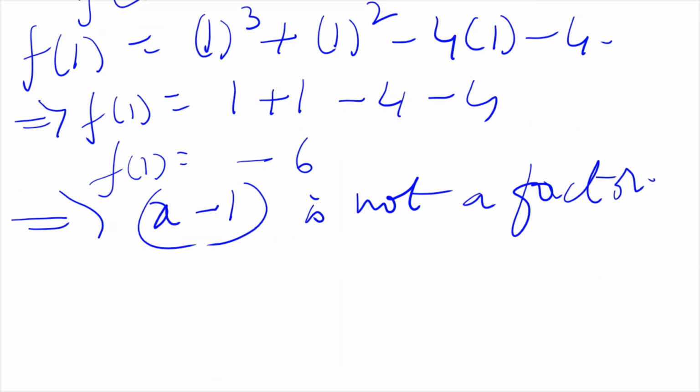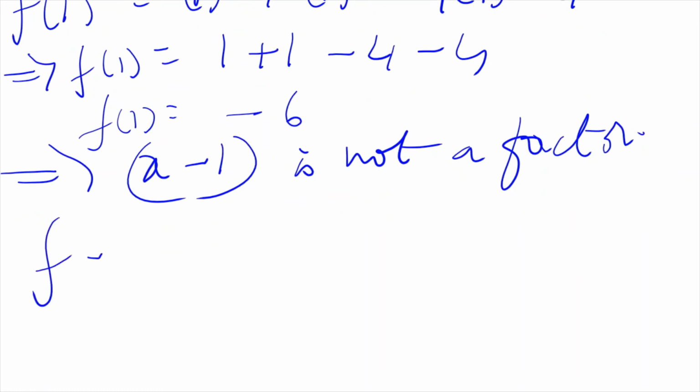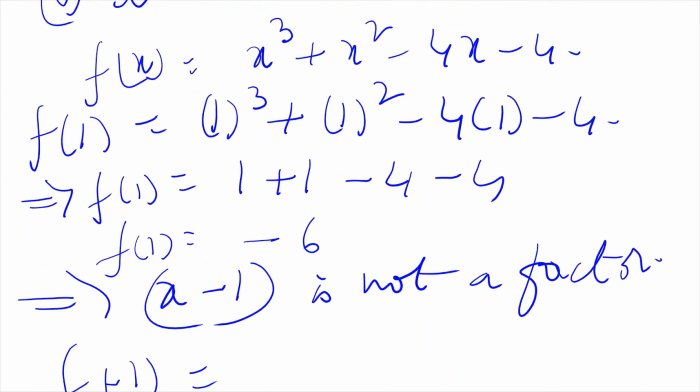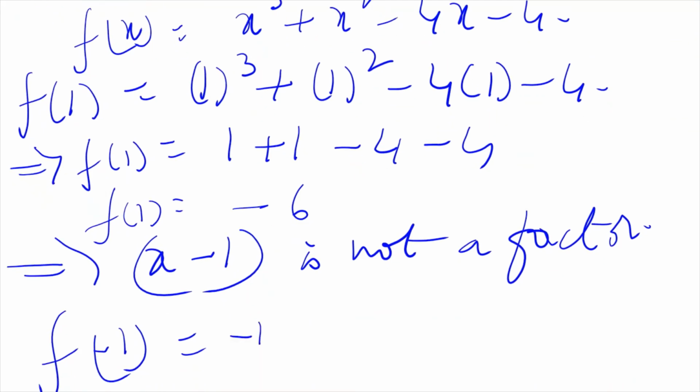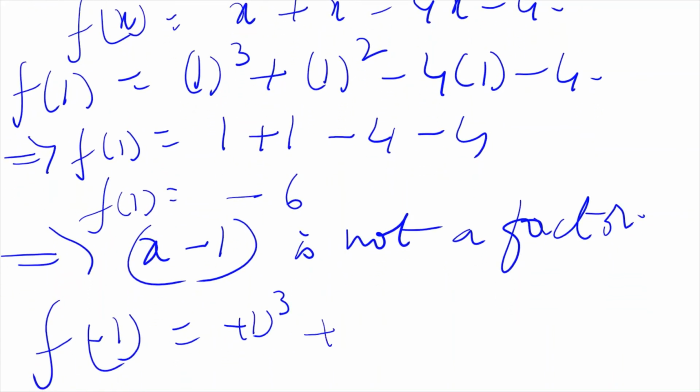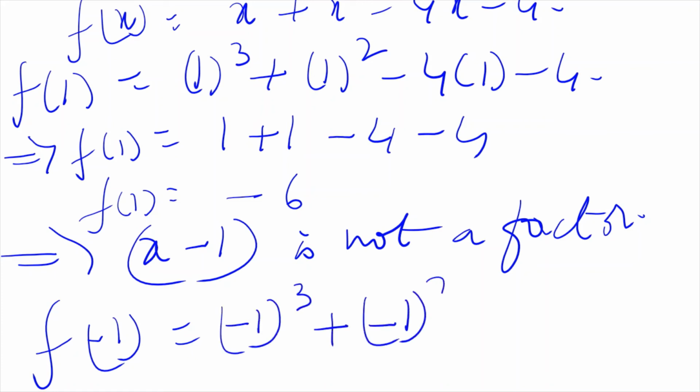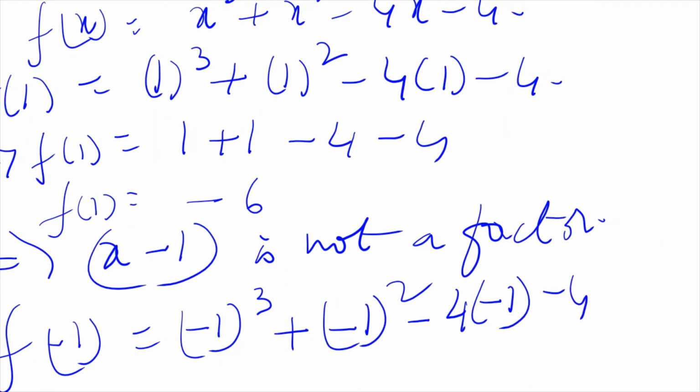If it is a factor, it will be 0. So now let us try f of minus 1. In place of x, we have to substitute minus 1. So minus 1 cube plus minus 1 square minus 4 into minus 1 minus 4.